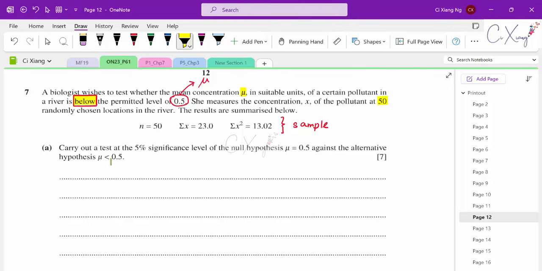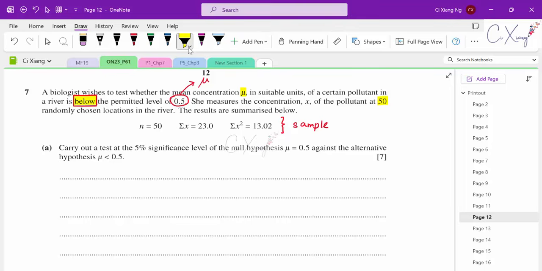Now we only have the population mean, which is 0.5, and they want us to carry out a test. When we carry out the test, we have to know the population variance. But the problem now is we only have the values in the sample, so we won't have the population variance.